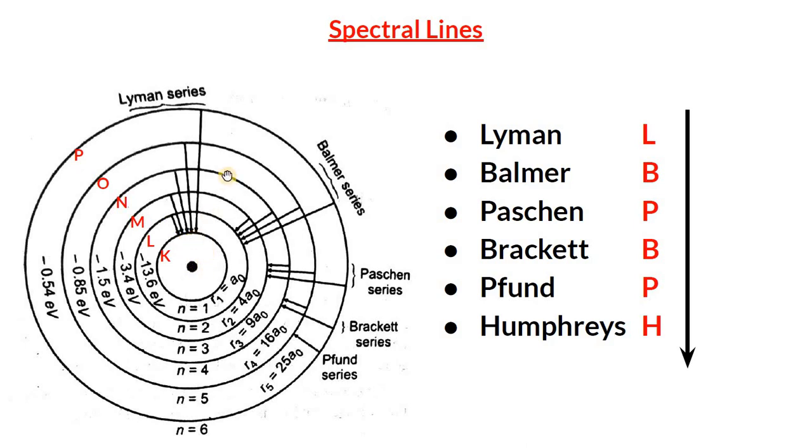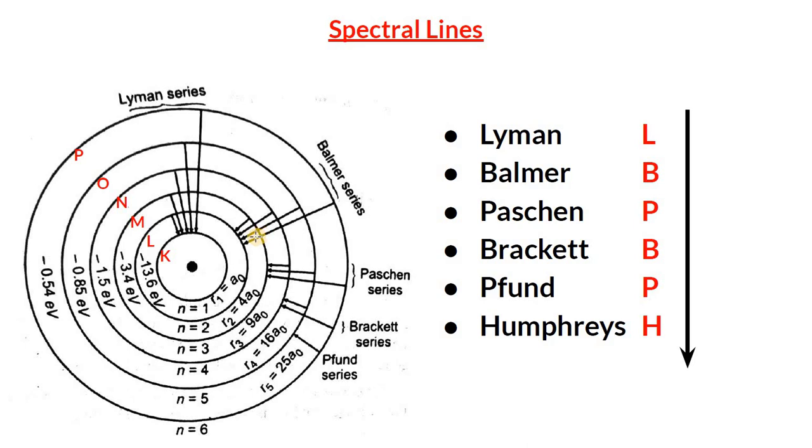But what is important in this section, remember this: if transition occurs to n equals 1, that means the first orbit, then I will get the Lyman series.